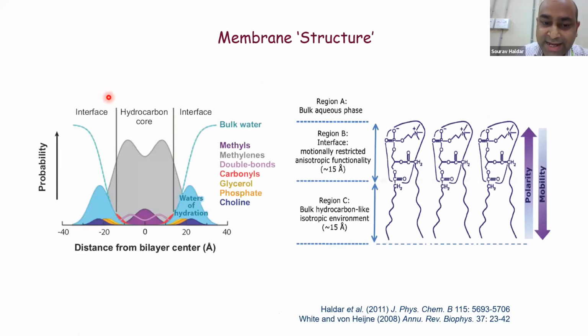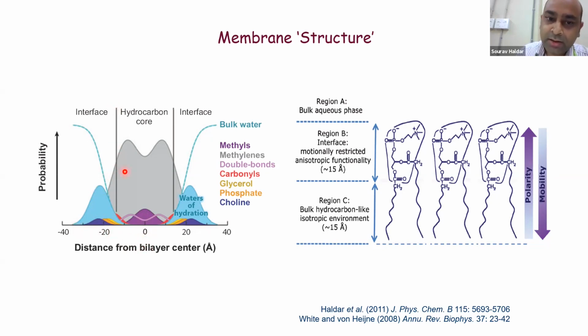When we get the data and put it in a different fashion like this, which is nothing but a cross section of a lipid bilayer, we end up with something like this. These are the different components of a lipid molecule and their time averaged probability as a function of the distance from the center of the bilayer.